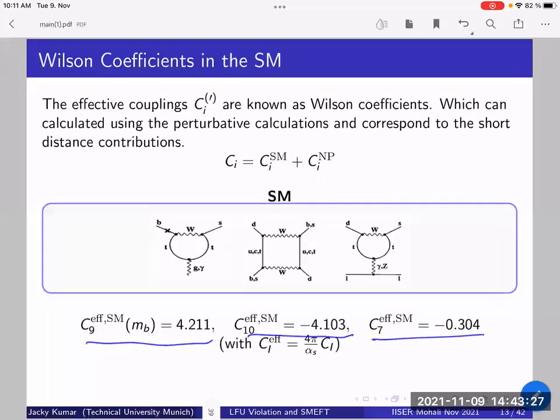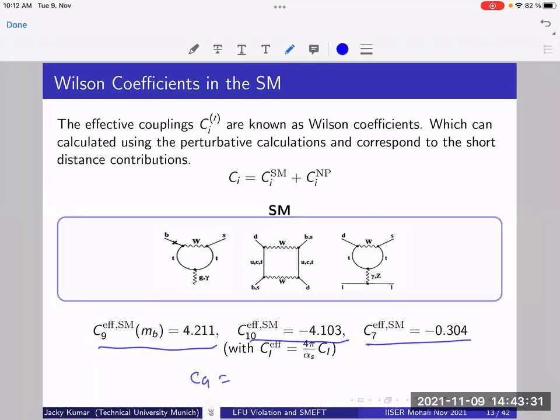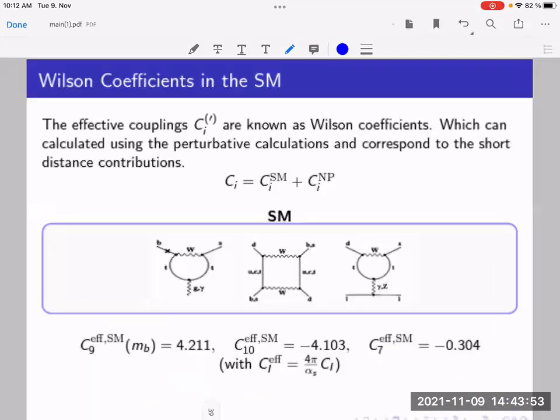An important feature you see here is that C9 is almost equal to minus C10. If I remind you, C9 was a vector, L bar gamma mu L for the leptons, and C10 was L bar gamma mu gamma 5 L. So C9 equal to minus C10 means we have almost a V minus A structure in the standard model. So this is a nice feature.